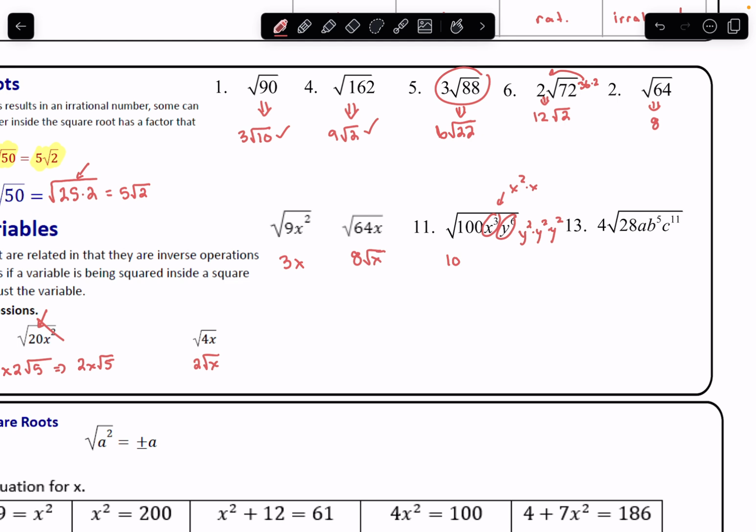So you end up with 10x with a y on the outside, and you are left with what's on the inside, just an x all by itself. So this one would be 10xy cubed on the outside, square root x on the inside. I'm not going to test you on that, but again, I want you to see how these ones work, okay?